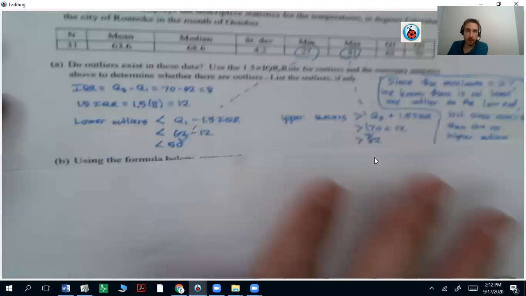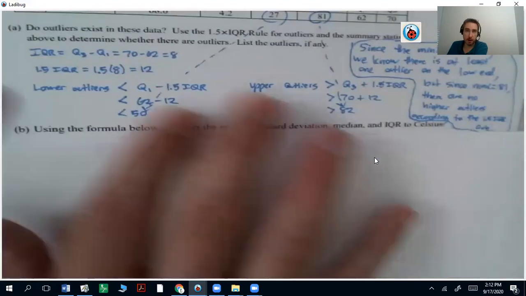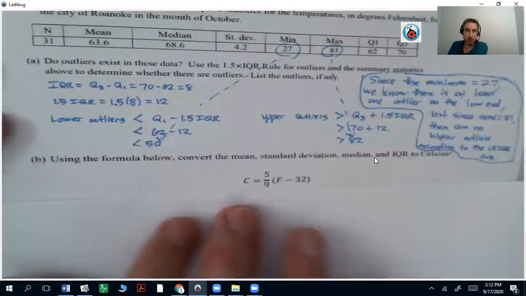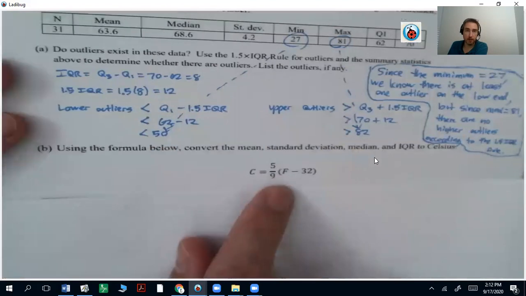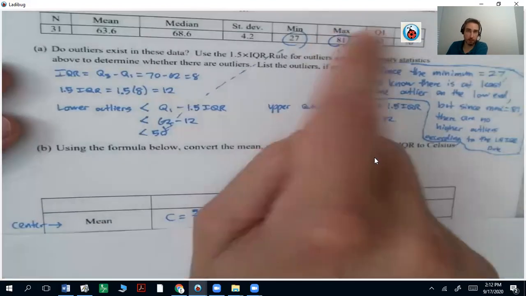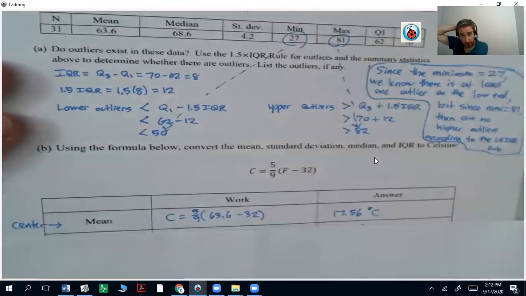Letter B. Using the formula below, convert the mean, standard deviation, median, and IQR to Celsius. So here's your Celsius conversion formula. Centers and any other location points, specifically like Q1, min, max, Q3, are all affected when you add, subtract, multiply, or divide.